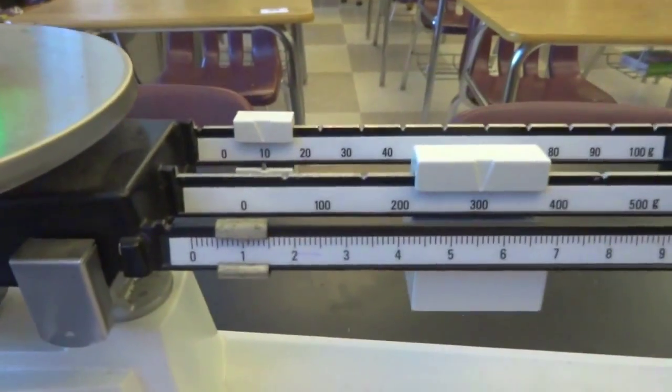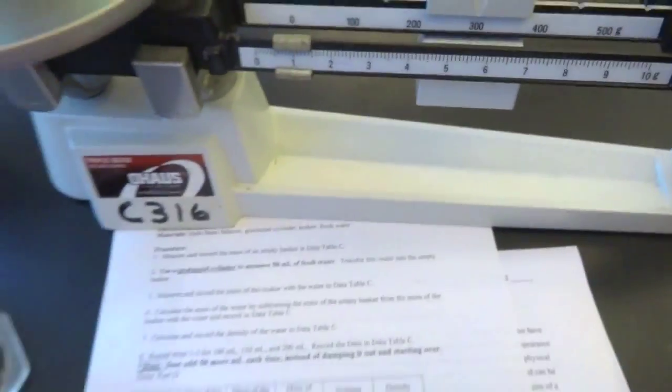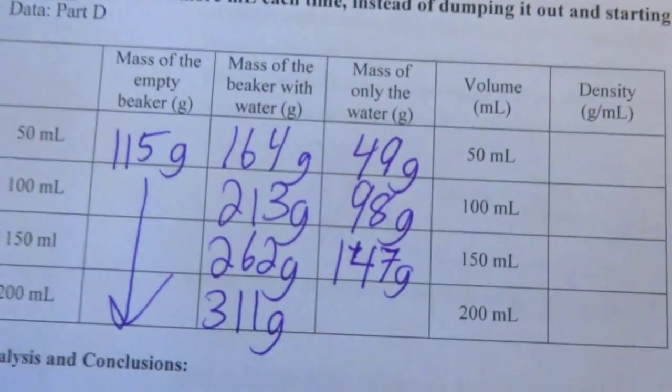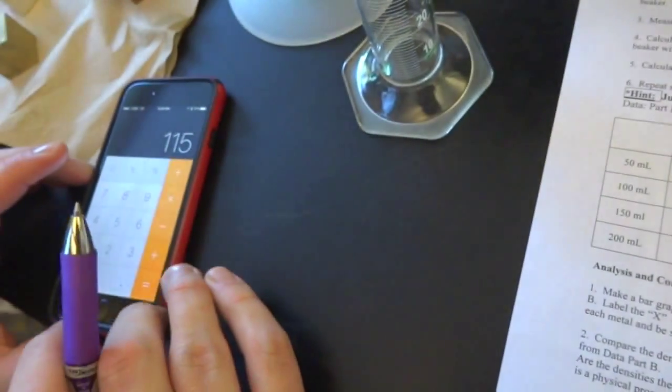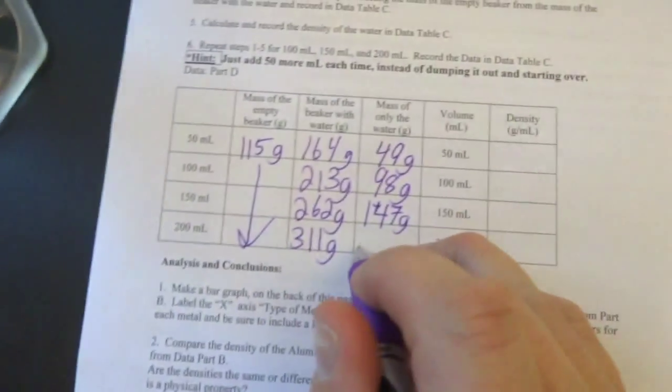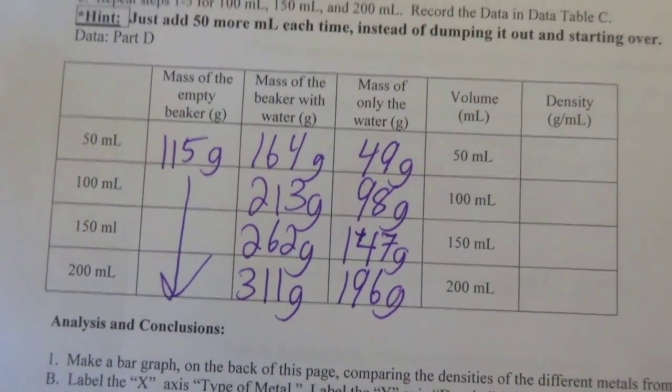Pretty close. We're going to go with that. 300 plus 10 plus 1 is 311 grams. So again, I'm going to subtract out my 115 grams for my beaker. I'm calculating 196 grams for the mass of the 200 milliliters of water.